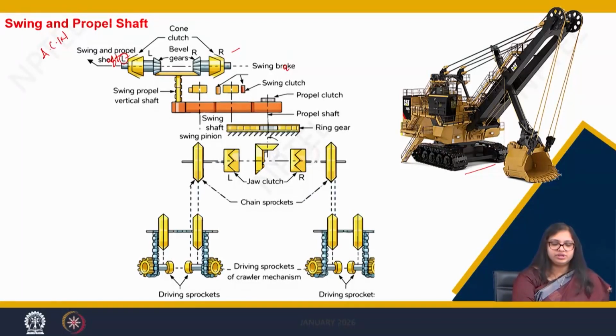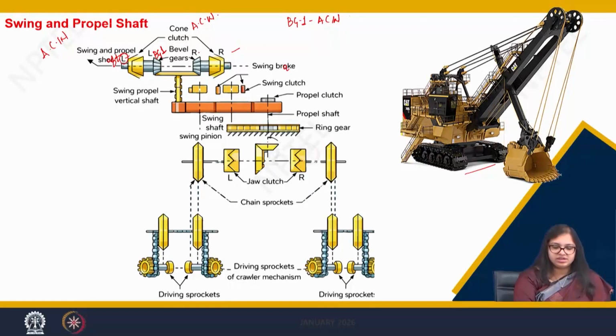This cone clutch is rotating in anti-clockwise direction. Now, when this cone clutch gets engaged to this bevel gear 1, BG1, my BG1 is also rotating in anti-clockwise direction.